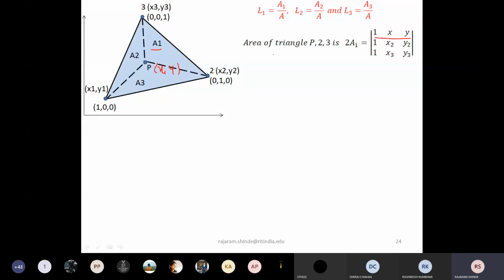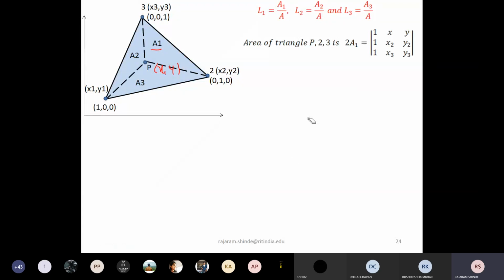So the area of triangle P23, that is 2A1, is equal to the determinant of these coordinates. You have already seen this: with the help of the determinant, we can find the area of the triangle. Now I will calculate the determinant.